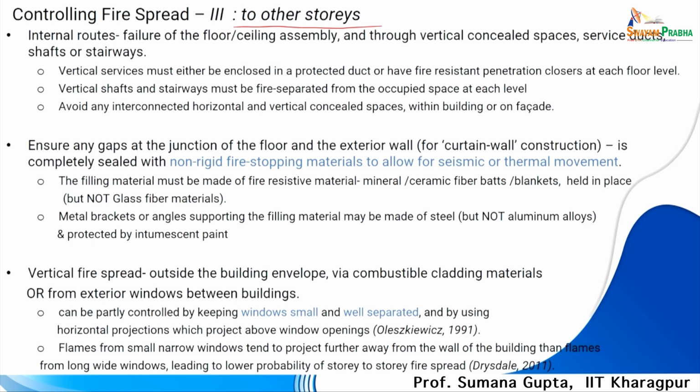The routes are internal: failure of the floor ceiling assembly, and vertical concealed spaces, service ducts, shafts or staircases, of which shafts and staircases are the most popular places through which fire can move.